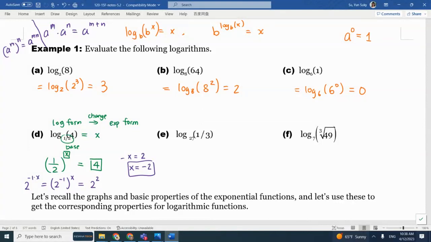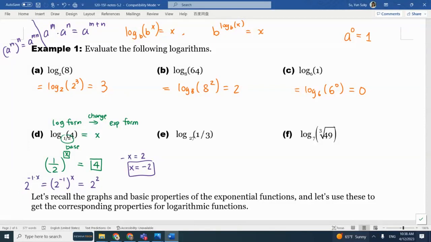Oh, sure. Okay, 1/2 is 2 to the minus 1. 4 is 2 squared. So you want to express both sides with the same base. See here, your base is 1/2. They're not the same. You want to express with the same base. That's why we pick the 2.